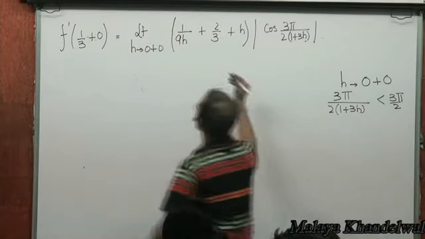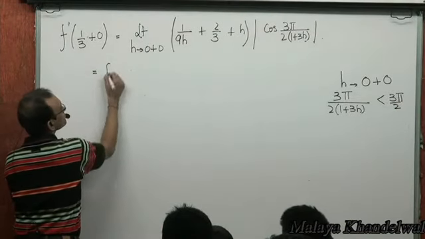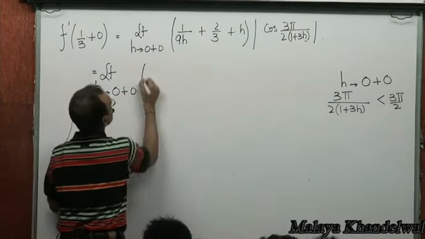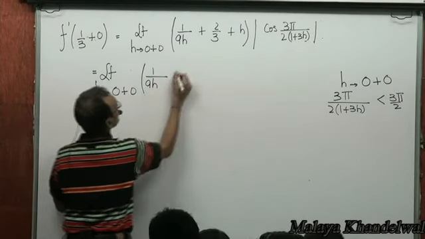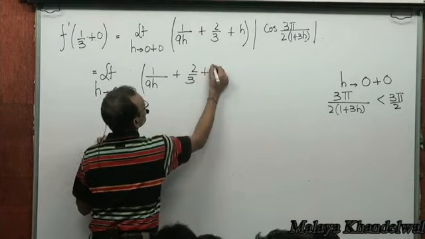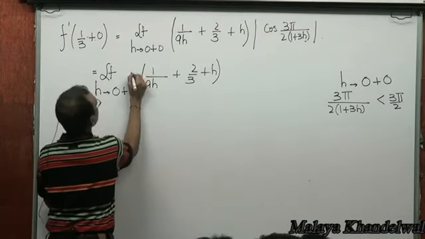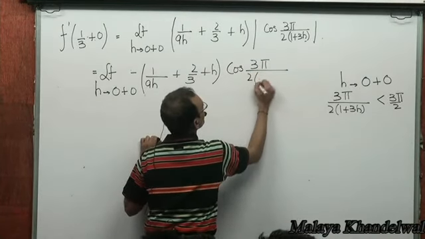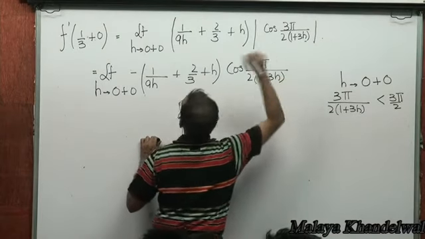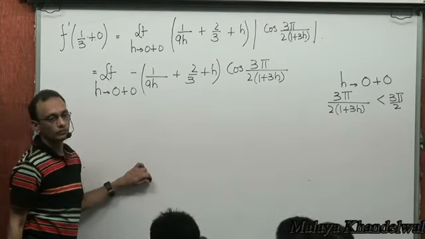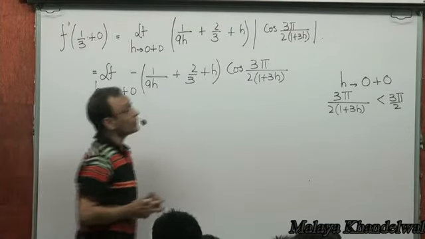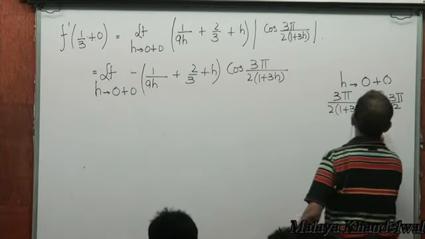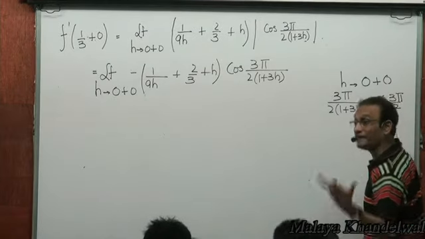Right? So far so good. Mod cos theta would be minus cos theta. If h tends to 0 from the less than 0 side, that will be the left hand derivative at 1/3.